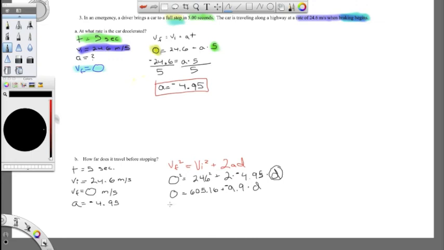So negative 605.16 is equal to negative 9.9 times the distance. So we divide by negative 9.9 on both sides, and we get 61.127 as the distance.